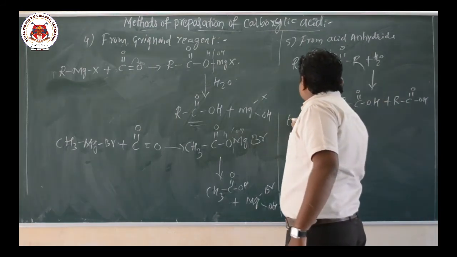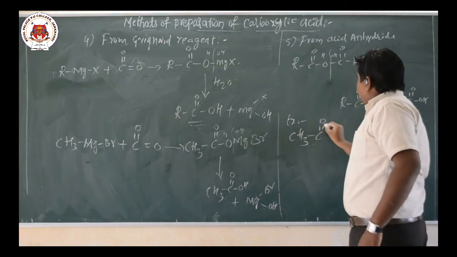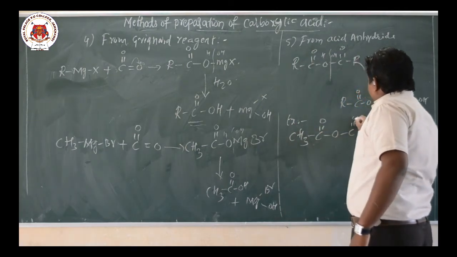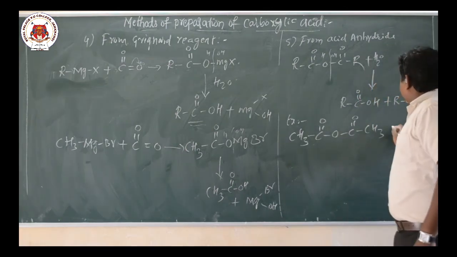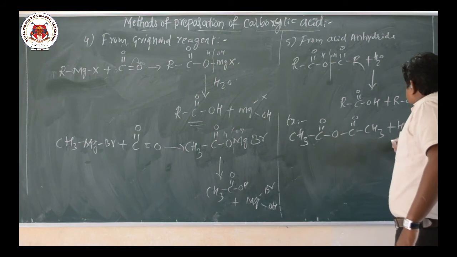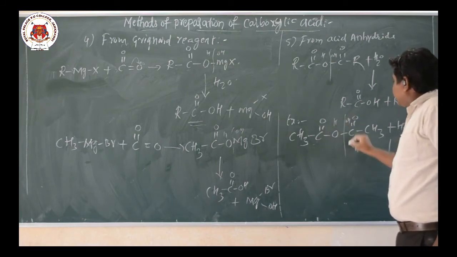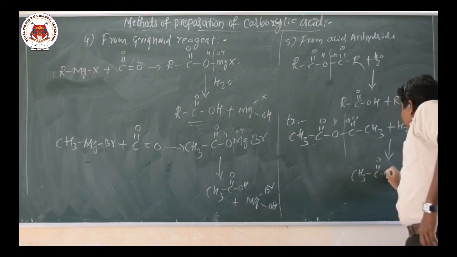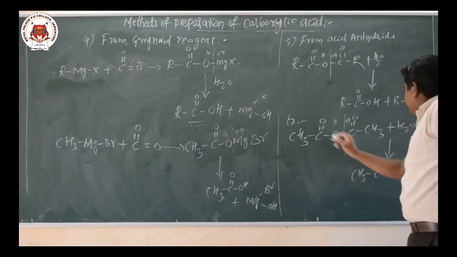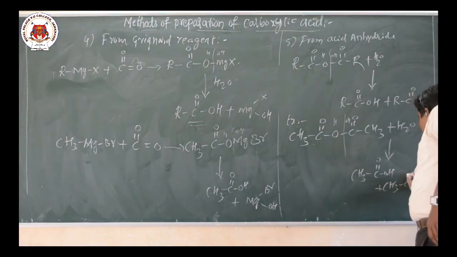For this example, acetic anhydride, CH3 C double bond O, O, C double bond O, CH3, which is an acetic anhydride. So which on hydrolysis, I will write the reaction. Again, the H part adds here, OH part here. Now there is a formation of CH3COOH, the first part, plus this part, CH3COOH.